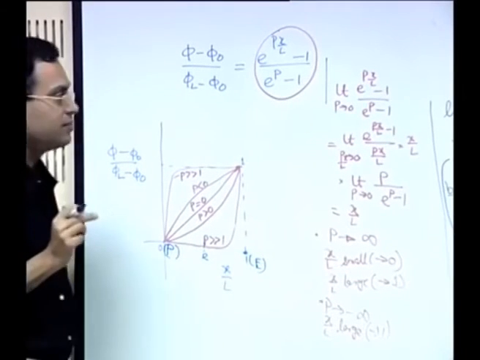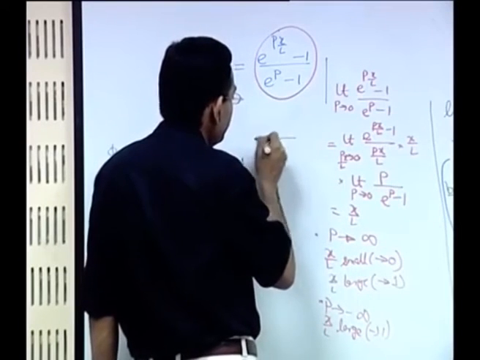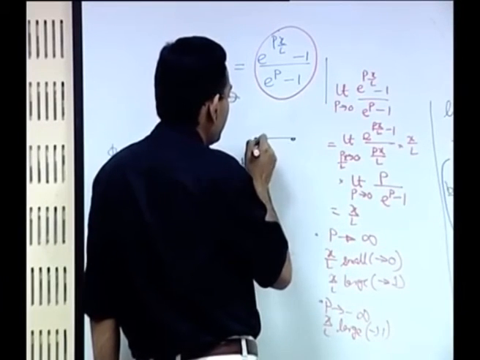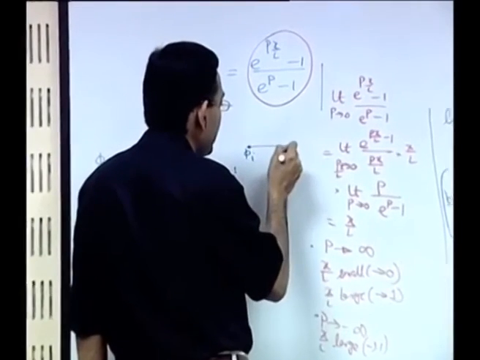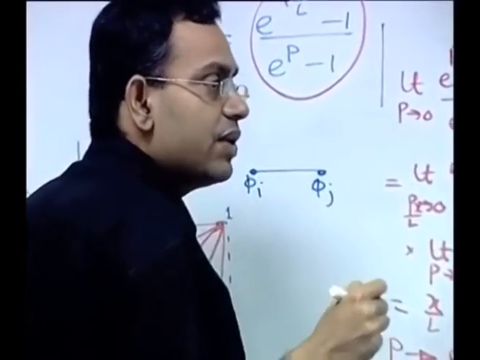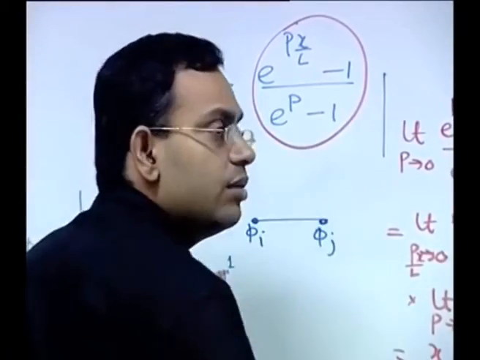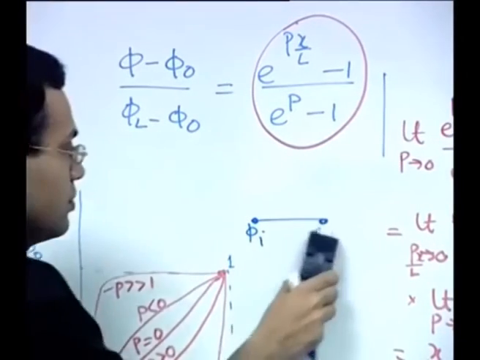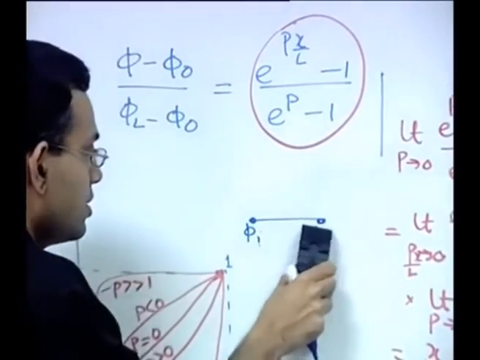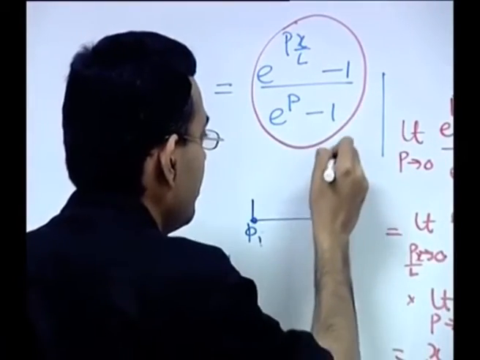It shows that if you have some arbitrary value of phi at two grid points I and j as phi I and phi j, and if it is a one dimensional variation, then how phi will vary in between the values of phi I and phi j. Say some value phi I for I and some value phi j for j.